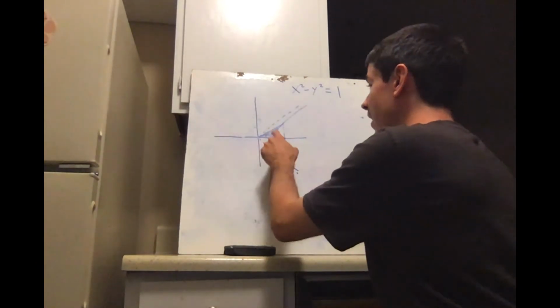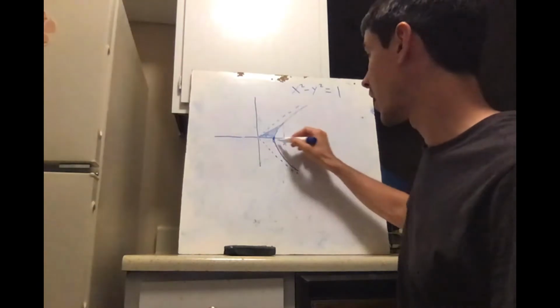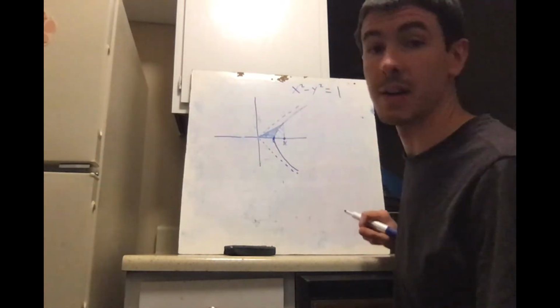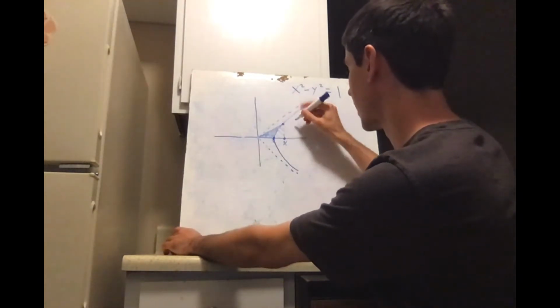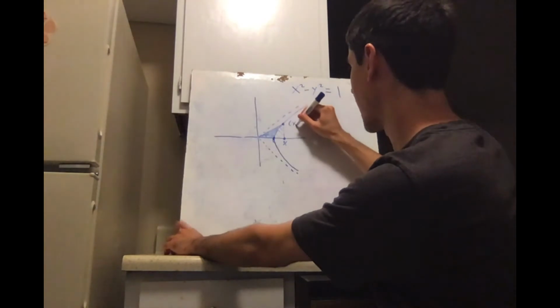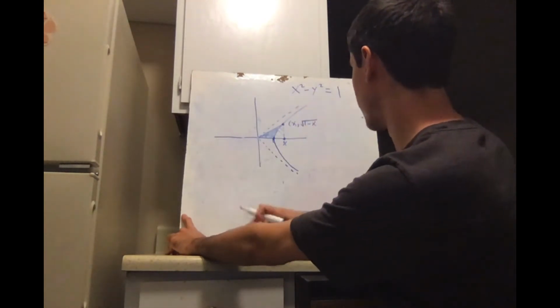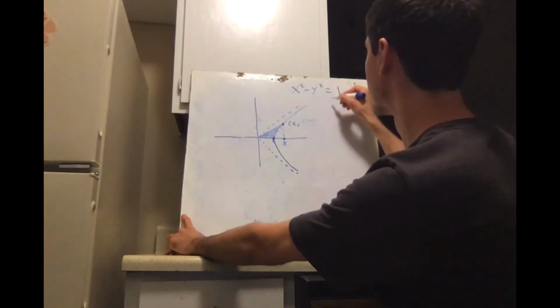So the area of this shaded region is going to be the area of the whole triangle minus the area of this region right here. And this point right here is the point x, square root of x squared minus 1. That's what we get from rearranging this hyperbola.